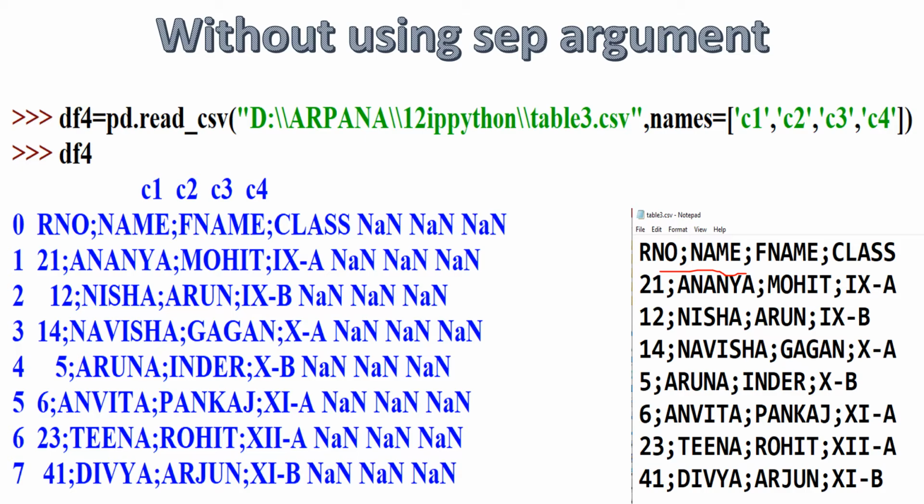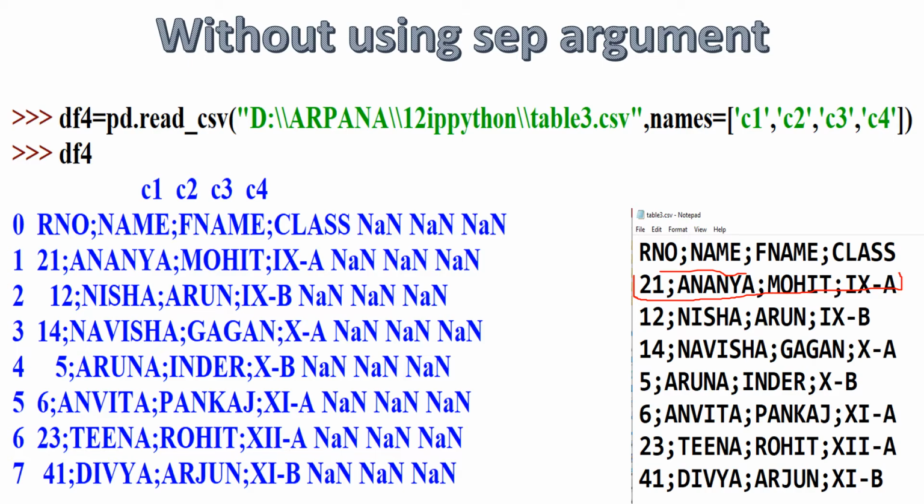So from this part to this part, this is one column now because now the separator is other than comma, so Python is not able to separate these values differently, that is 21, Ananya, Mohit. The Python is unable to separate these values. It is because the separator is semicolon instead of comma.